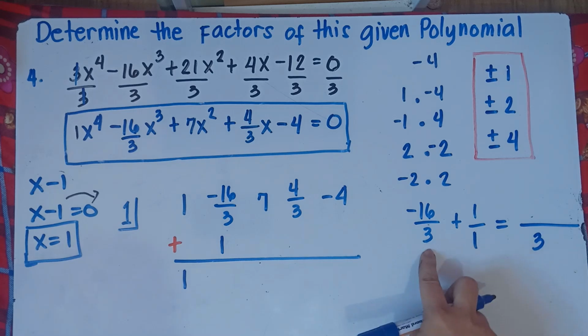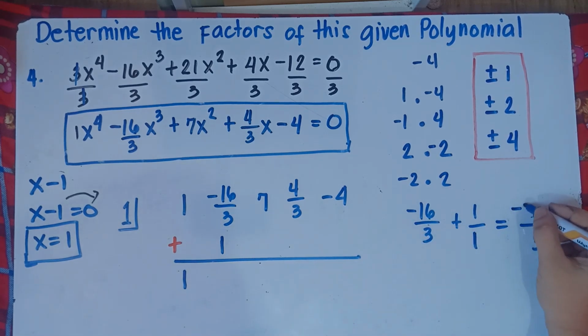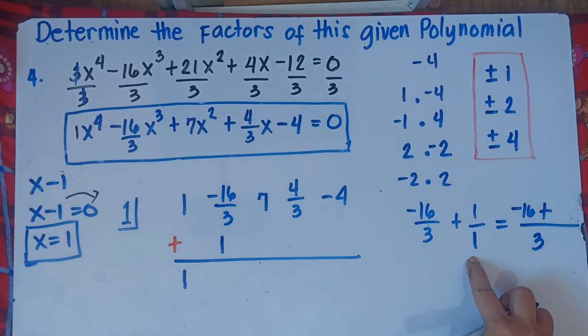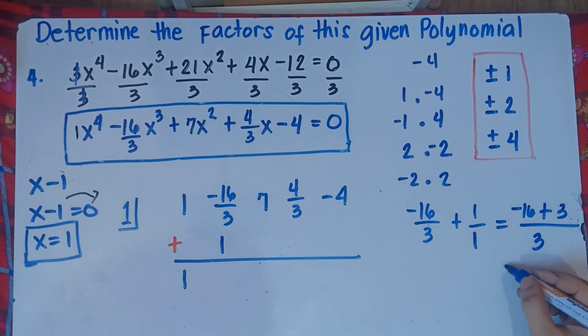So 3 divided by 3, that is 1, times negative 16, that's negative 16. Plus 3 divided by 1 is 3, times 1, that is 3. And then negative 16 plus 3, that is negative 13 over 3.